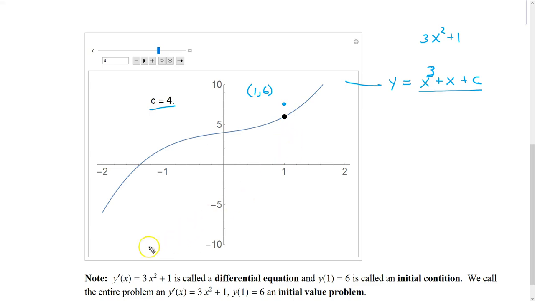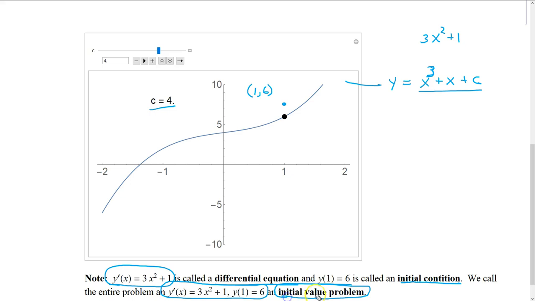Now let's also note something else about this problem. We have a special name for this problem. The equation y prime equals 3x squared plus 1 is called a differential equation. And y of 1 equals 6 is called an initial condition. And we call the entire problem, y prime equals 3x squared plus 1 such that y of 1 equals 6, an initial value problem.